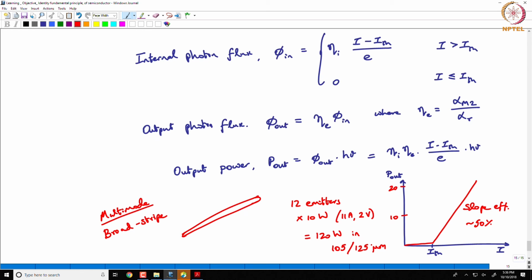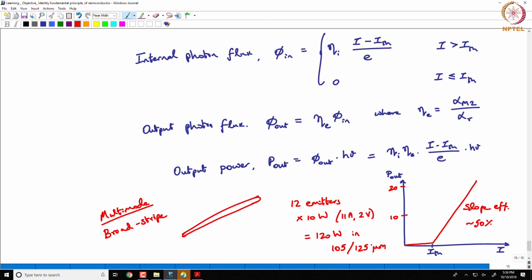I can have multiple emitters to scale up my output power, but with a single broad stripe emitter, you are not going to be able to go much beyond 10 watts of power. So, right now people are stacking more and more elements.